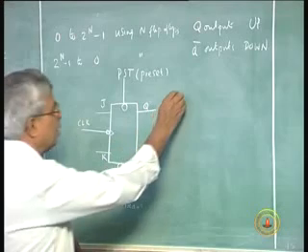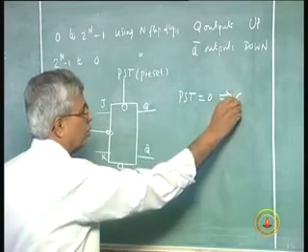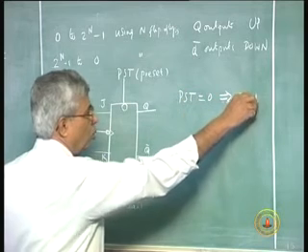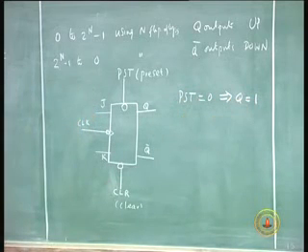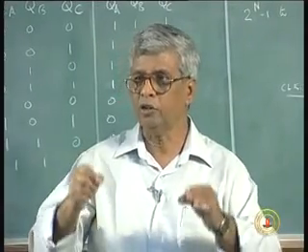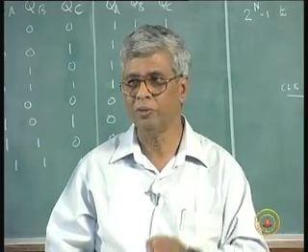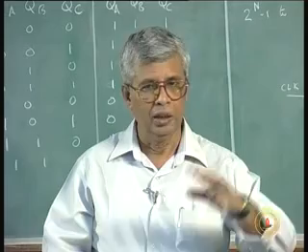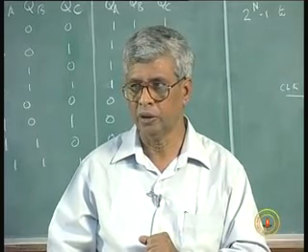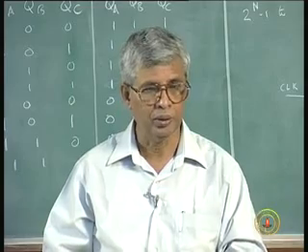PST equal to 0 makes Q equal to 1, irrespective of the value of j, k and clock at that instant of time. And as long as preset is 0, output continues to be 1. In between, a clock may come and go, we may change j and k, regardless of all that. So such an input is called an overriding input.